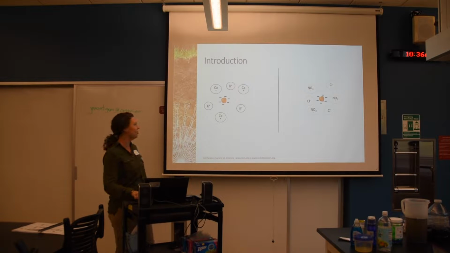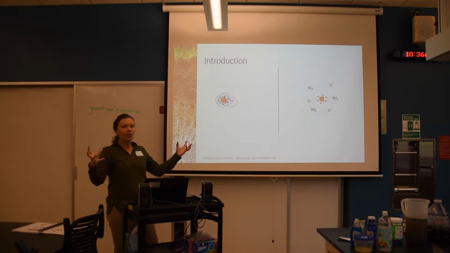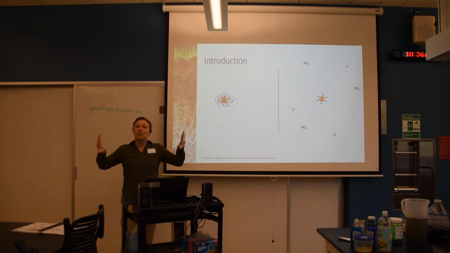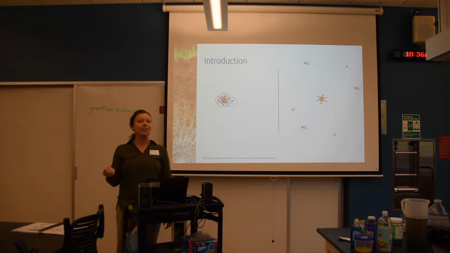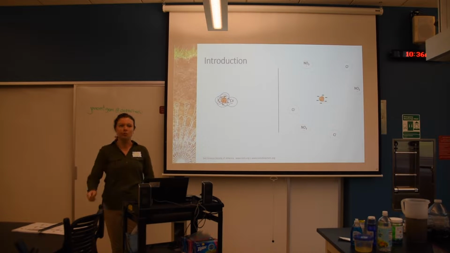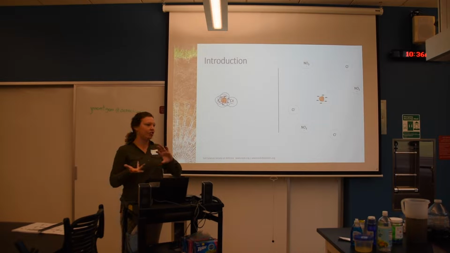So this little animation just shows what happens. Those cations are attracted to the soil, and the anions are repulsed from the soil particles. So negatively charged things do not stay in the soil. They are pushed through the soil, while positively charged ions are attracted to the soil surface.